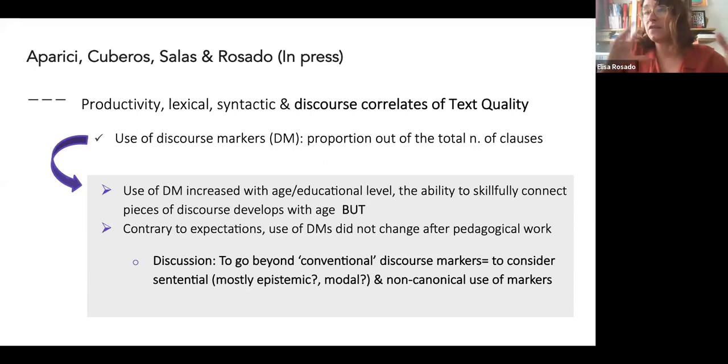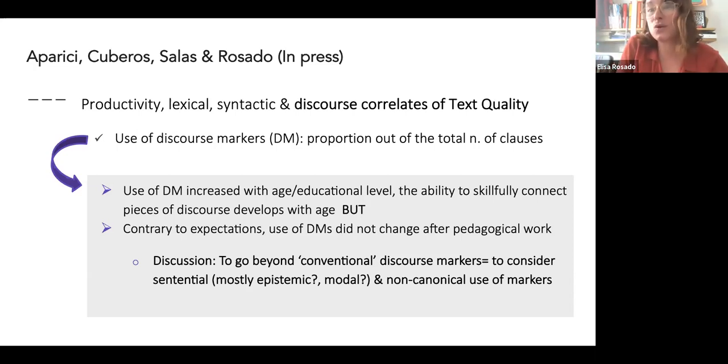And we considered several options to explain this. One of them was trying to go beyond the conventional discourse markers, and this is what we do today partially, because we started our analysis from a closed repertoire of forms that had been identified, the classical discourse markers, those lists we give our students to organize their texts.